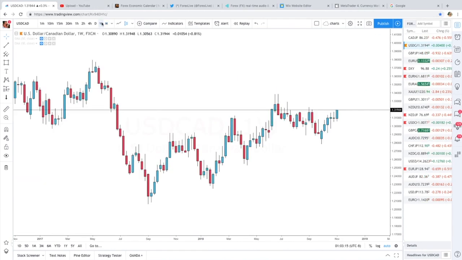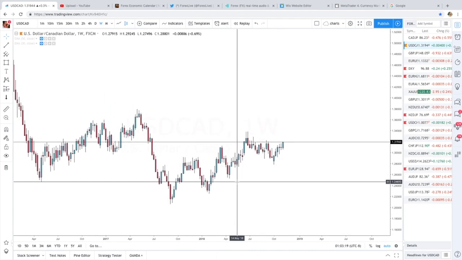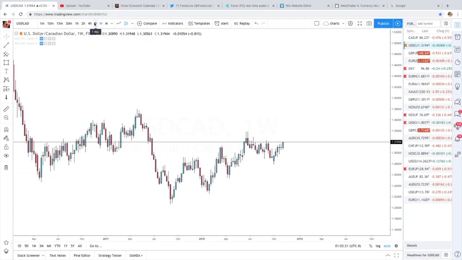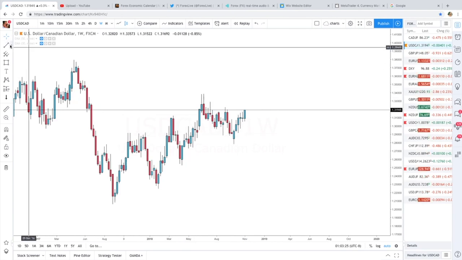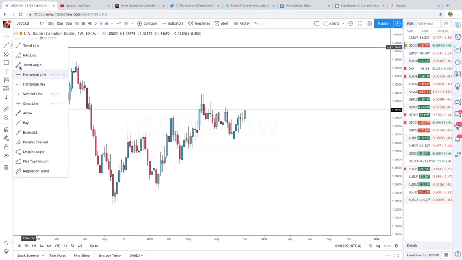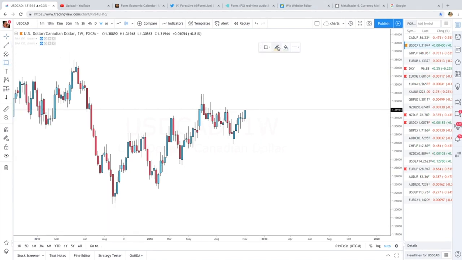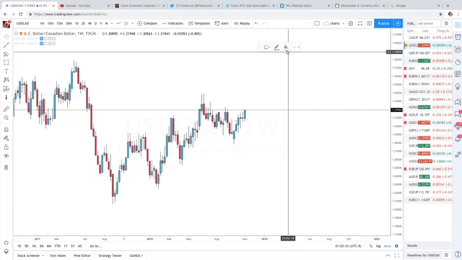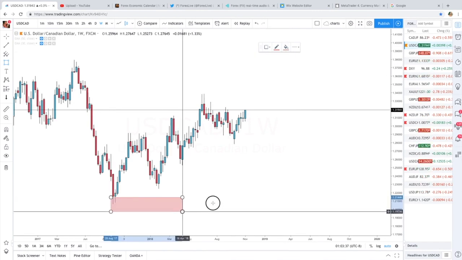So jumping down on the weekly, we're going to mark up our support and resistance zones. I usually start on the daily, but you can start on the weekly too, and I'll show you the difference. Okay, so we have a support level here.